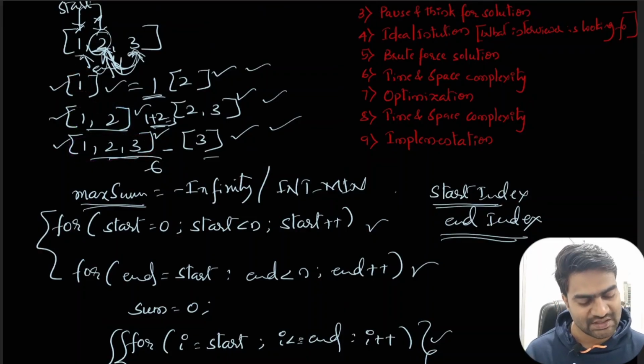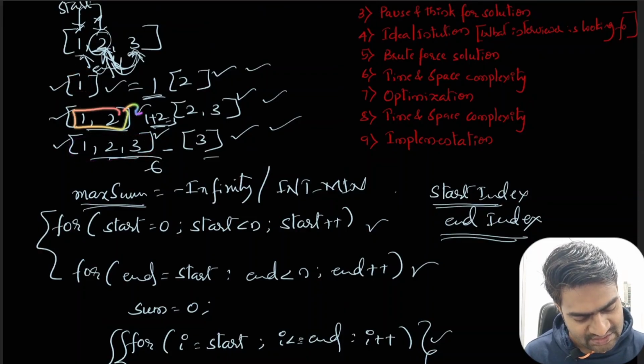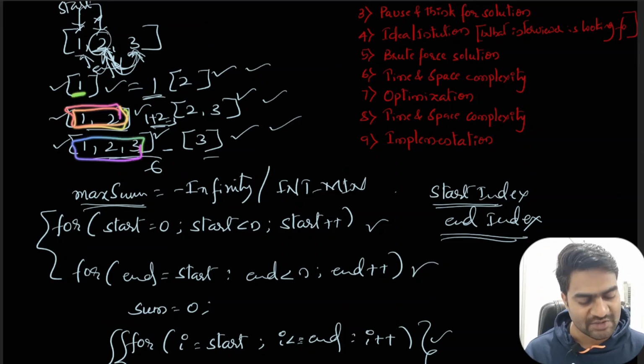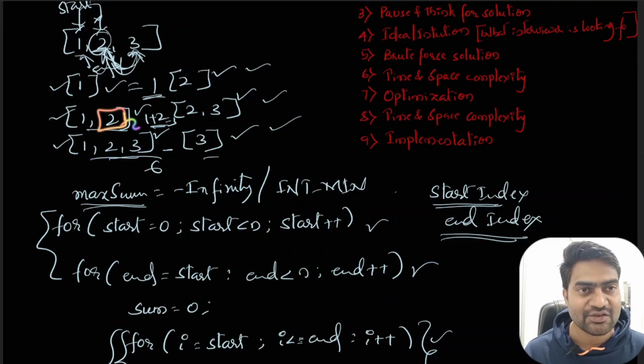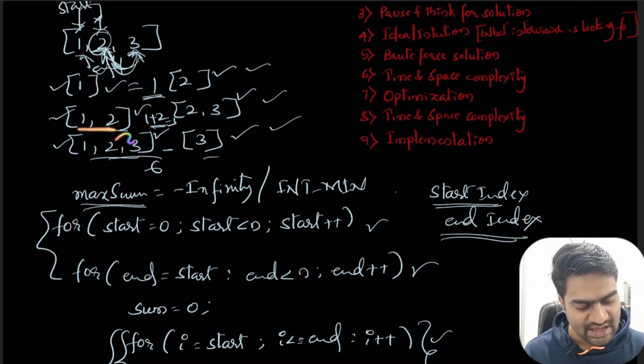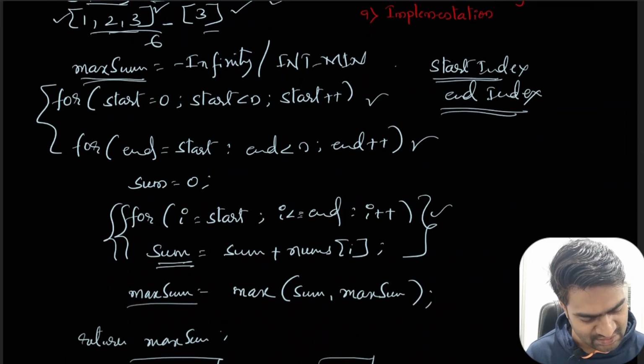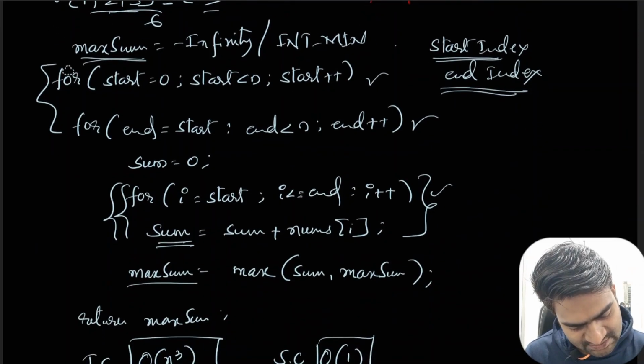So what you can observe, here this 1 is common, right? And here this 1 and 2 is common. So basically this sum and the next number will give me the next sum, and this particular sum plus this number will give me the next sum. So what I can do, I will copy this.